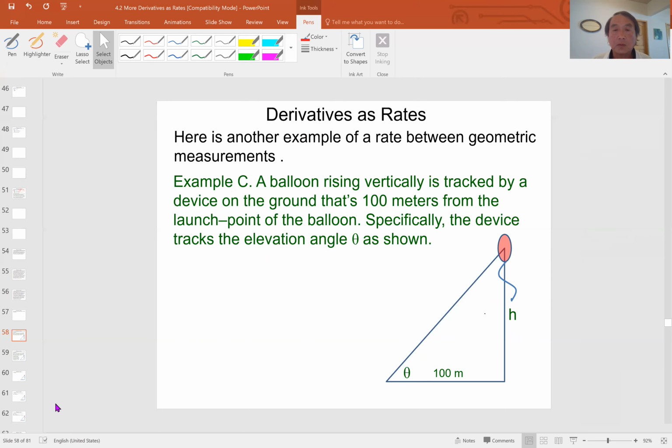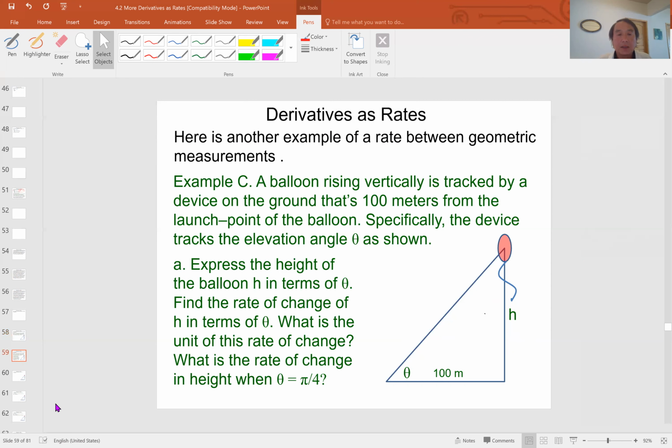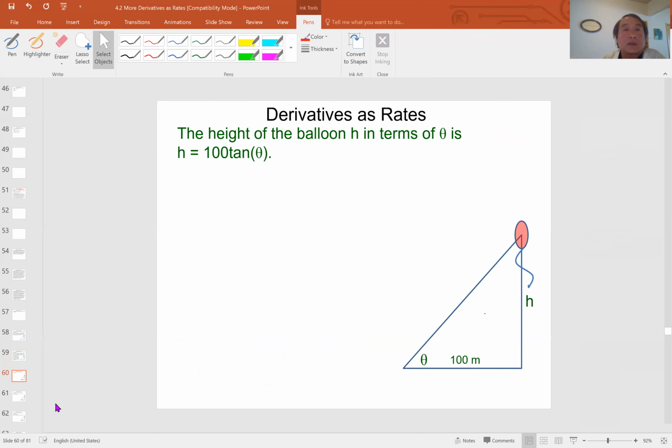Okay, and so we have a balloon going up, and we express the height in terms of theta, the angle of elevation, or angle of looking up as the balloon goes up. And what is the unit of the rate of change? Okay, and what's the rate of change when the angle is precisely at pi/4 or 45 degrees? Okay, and so this is basically the tangent relationship.